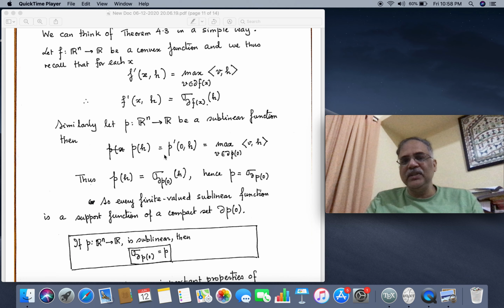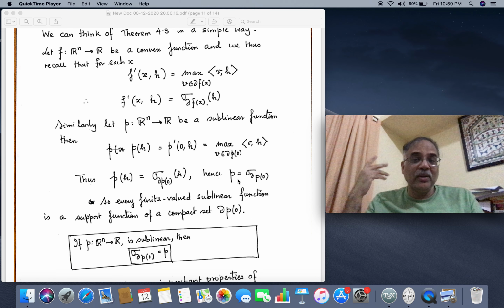Then P of H is P dash of 0, H, we already know, which, as you know from this fact of convex function about sublinear, is max of V over del P0 of V, H. So for P of H, the functional value of the sublinear function at any point is nothing but the support function of the set del P0 at H. So every sublinear functional is a support function of the subdifferential of P at 0.